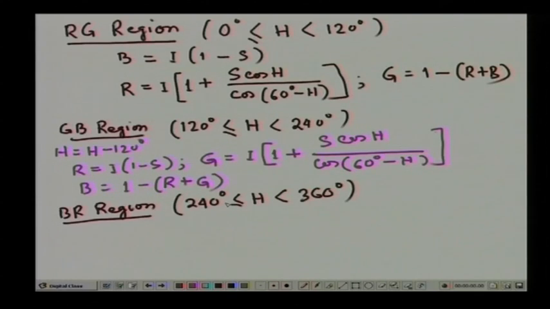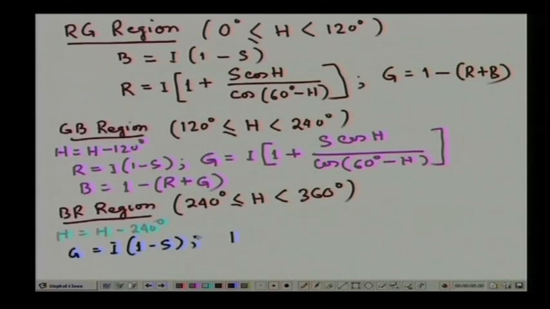And in the third sector, the BR region, we first modify H like this: H should be equal to H minus 240 degree. Once we do this modification, the G component is given by I into (1 minus S).